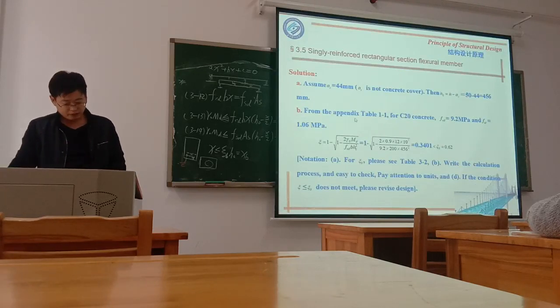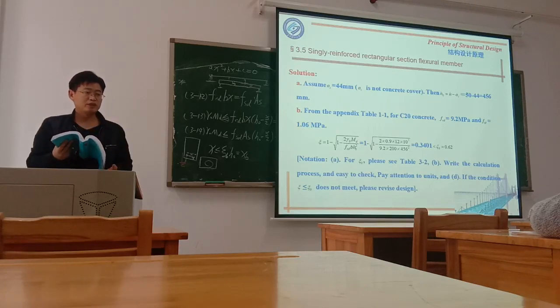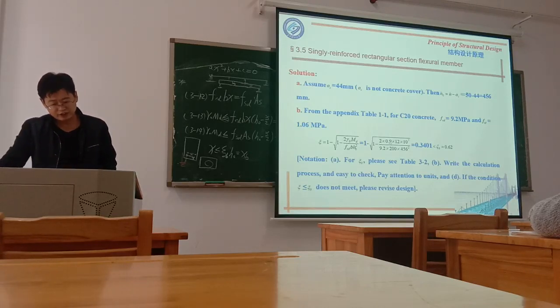So check the table. Once you have the book, you can check the table and find the strength of the material. Different grades have different strengths. FCD equal to 9.2 MPa. FTD equal to 1.606 MPa. Then, once you have these values, you can calculate Kc.